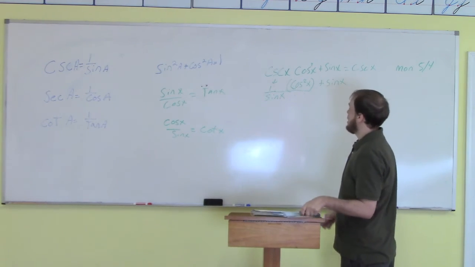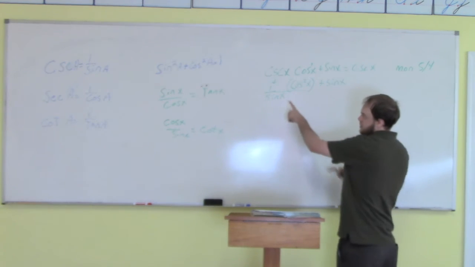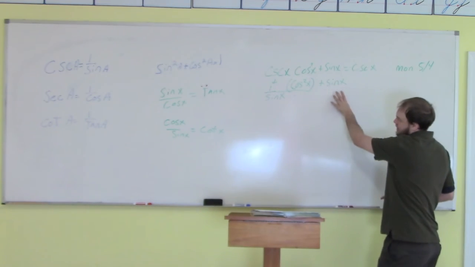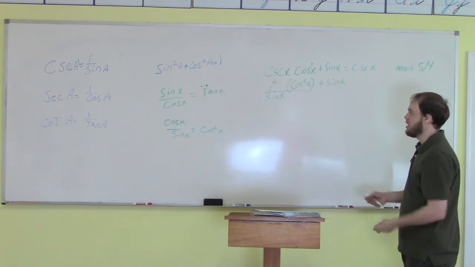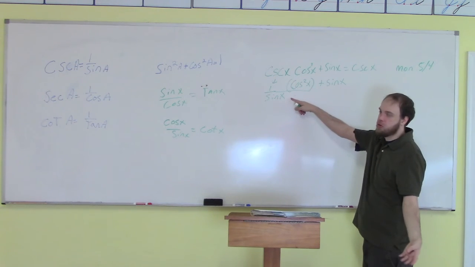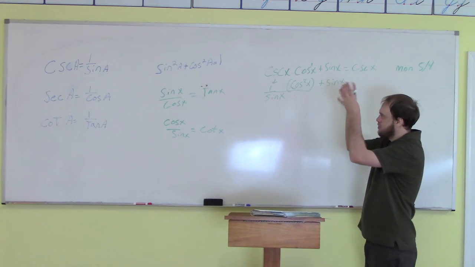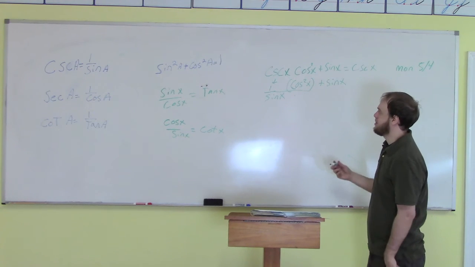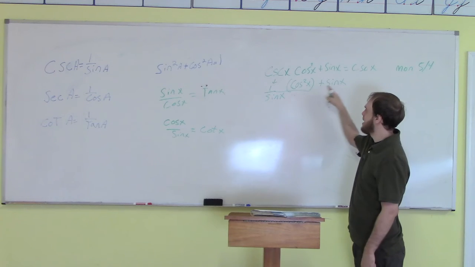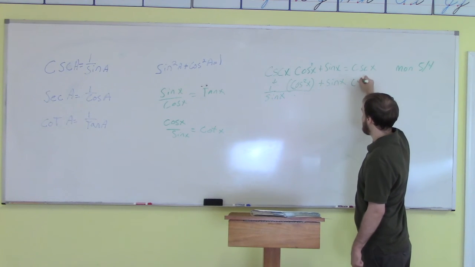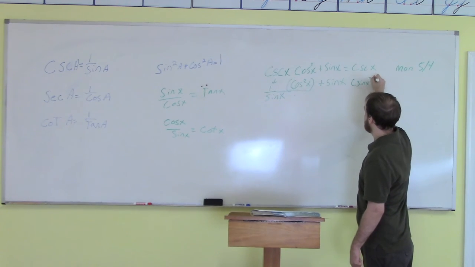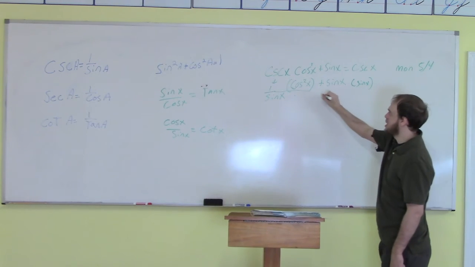And so, since my common denominator is sine of x, that means I have to get a common denominator so that I can add them together. It would be the same thing as if my denominator was a 2, then I would need to make this one a denominator of 2 so that I could add the numerators together. It's just now we're dealing with sine. And so I'm going to multiply this one by sine of x so that I can get the common denominator.